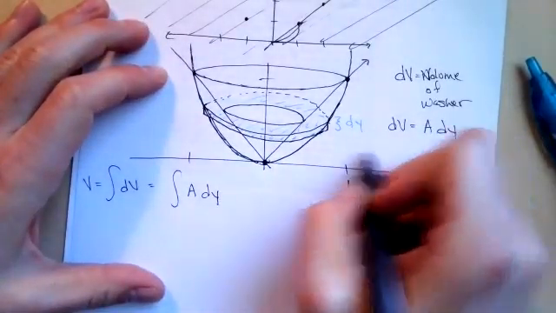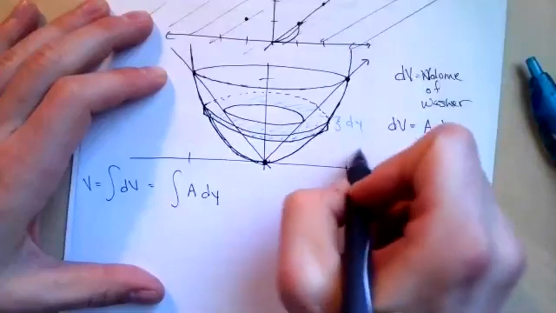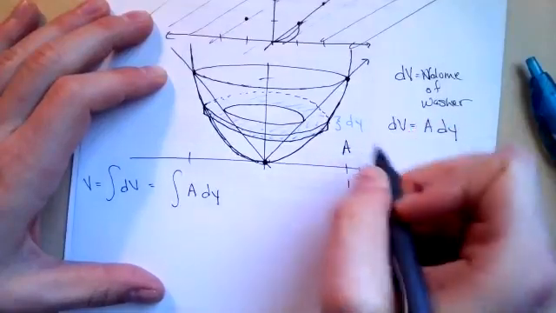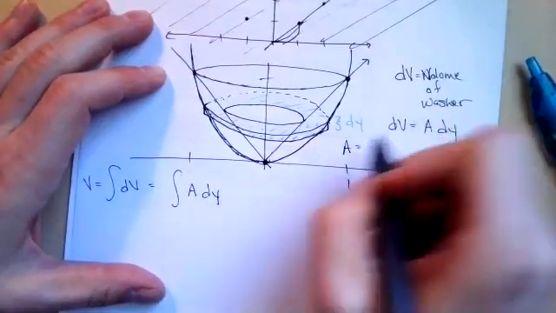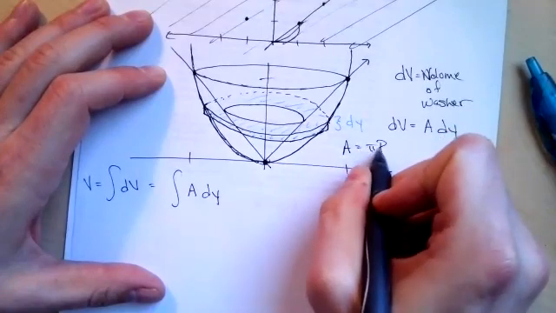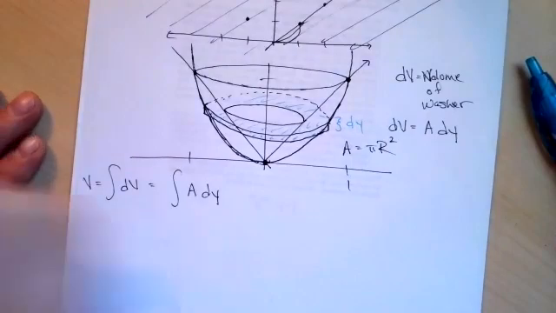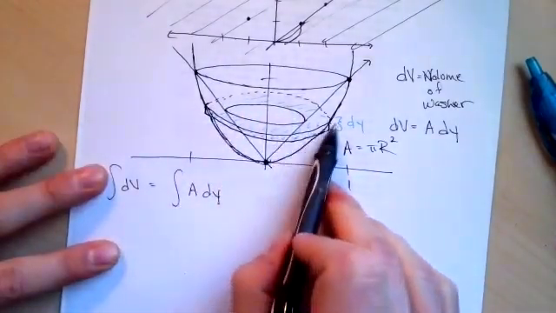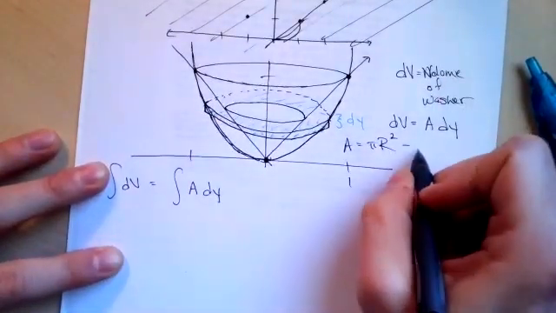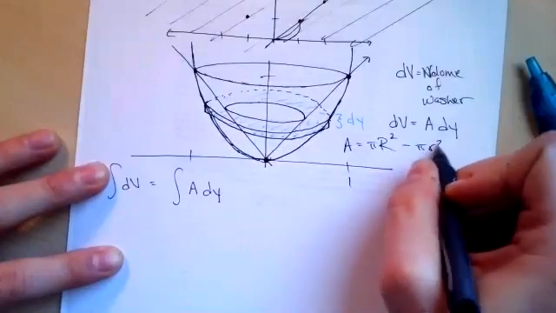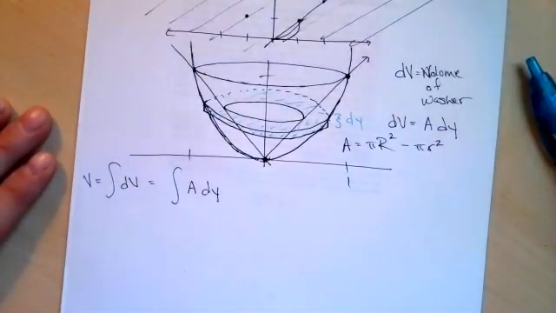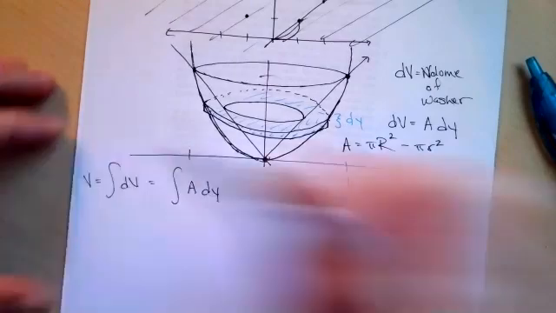So what do we want to do? Let me bleed into the graph here for our derivation work. Our area is going to be pi times the outer radius squared, the area of that big circle. And then if we cut out the middle, we cut out pi little r squared.